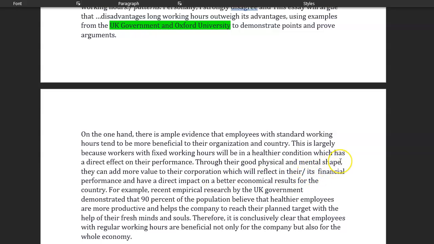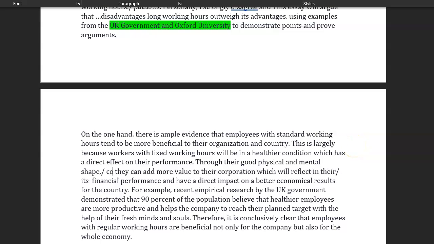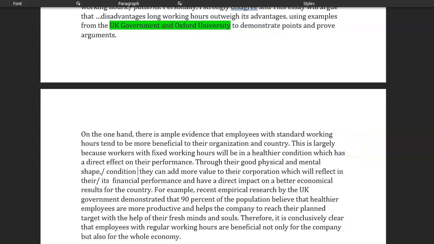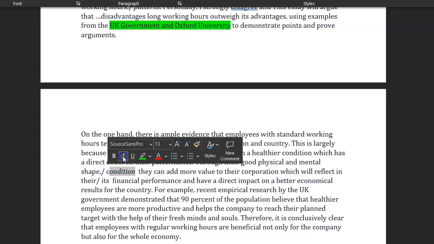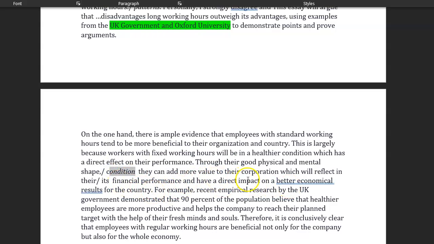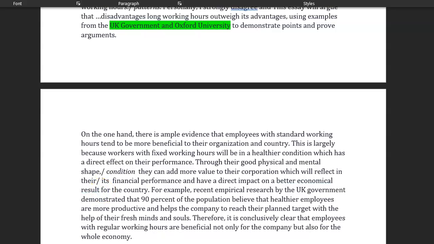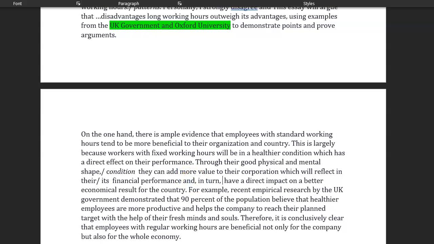It's financial performance. Rather than shape, a bit informal, I would use condition. But otherwise super writing here, really, really good. And have a direct impact on a better economical result. So a result, singular, for the country. But you could put and in turn, because you're like one thing after another thing.